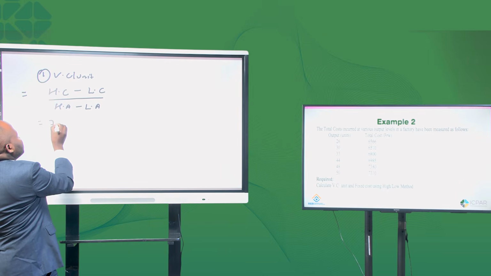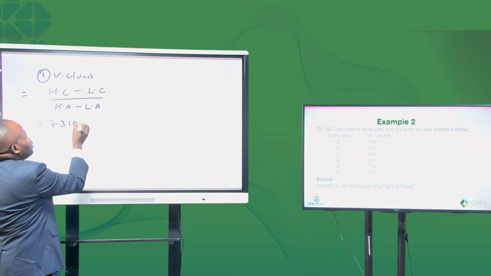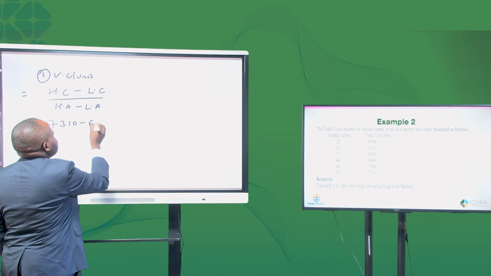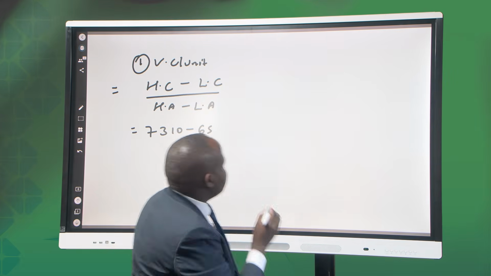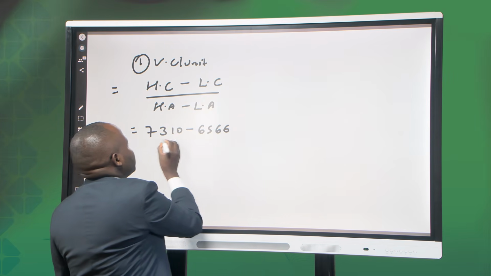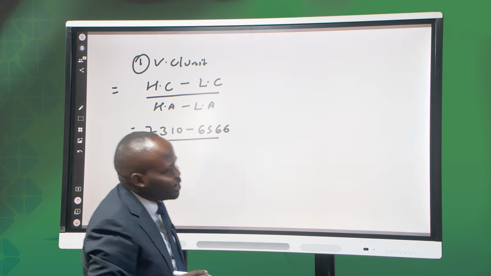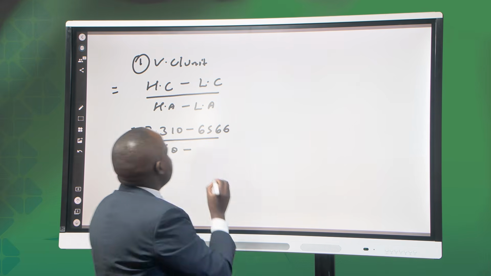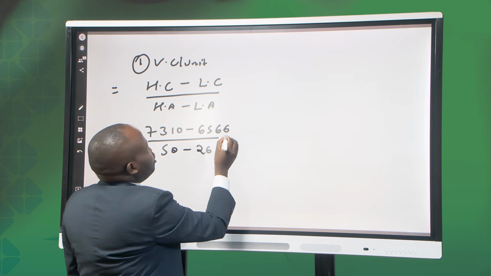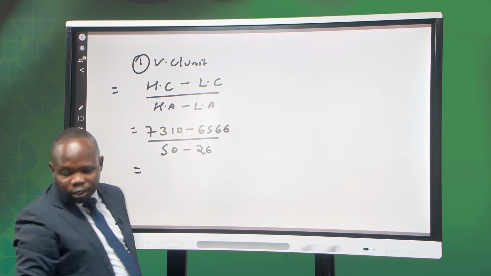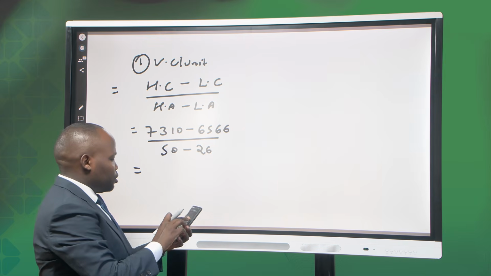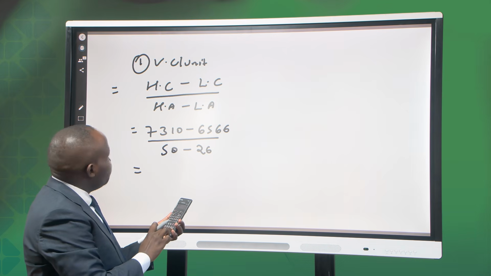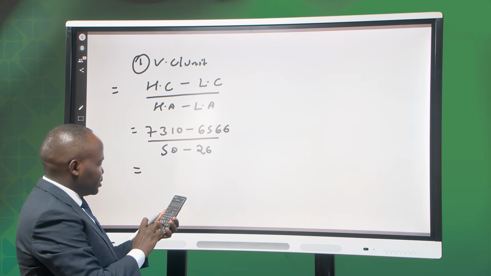So 73.10 minus cost of the lowest activity, which is 66, divided by highest activity, which is 50, minus lowest activity, which is 26. So we want to get these values. Our first value, the numerator, is 7310 minus 6566.